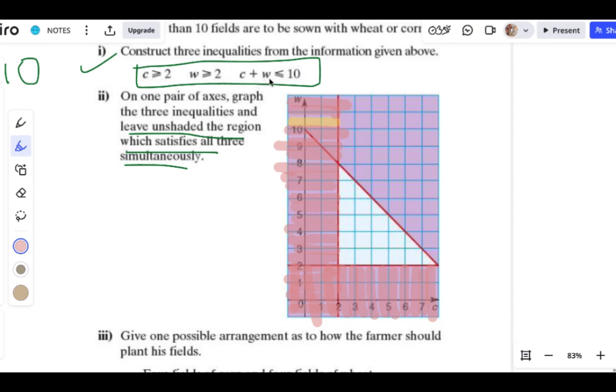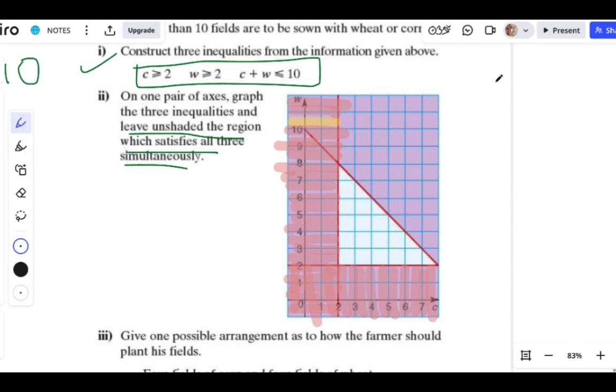So if you want to know how to do this, you plot the line graph, like I said. You have C and W. You make a table, put in the values and plot it. But I already know C plus W will be a negative gradient like this. Why?